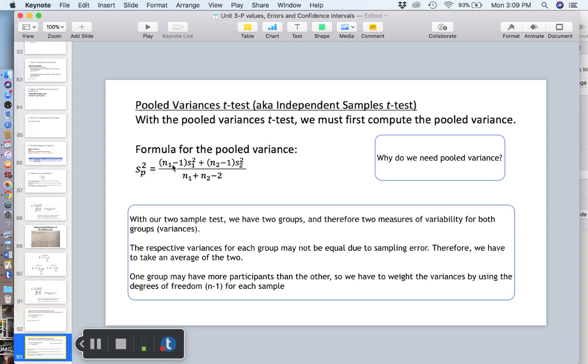We take the sample size for group 1 and subtract 1 from it. Then we multiply it by the variance for group 1. We add that to the sample size for group 2 minus 1 times the variance for group 2. We take that whole thing and divide that by the sample size for group 1 plus the sample size for group 2 minus 2.